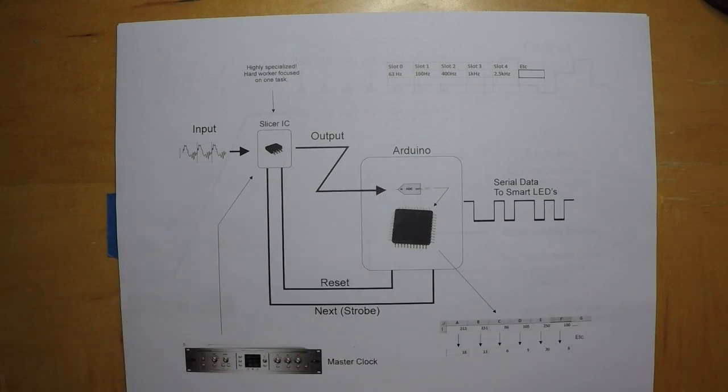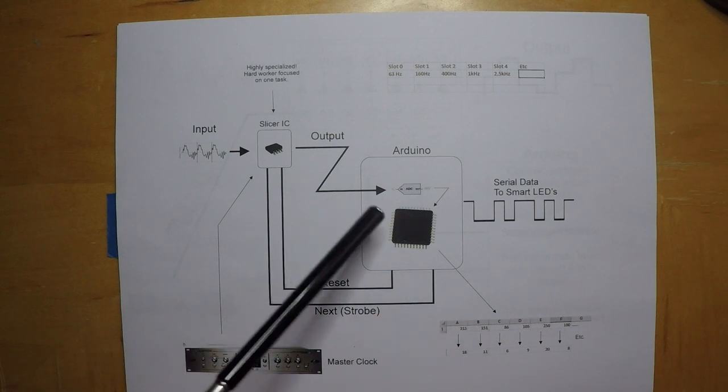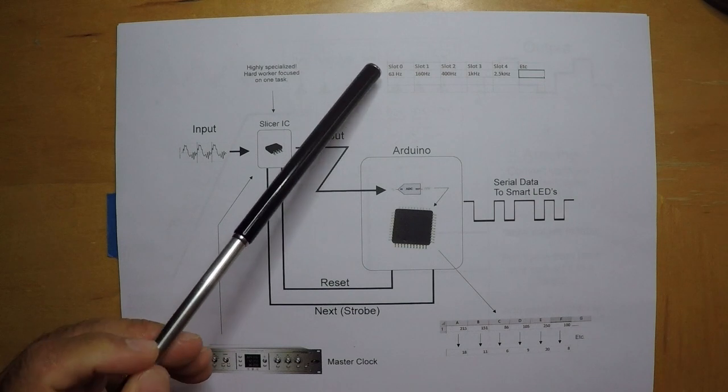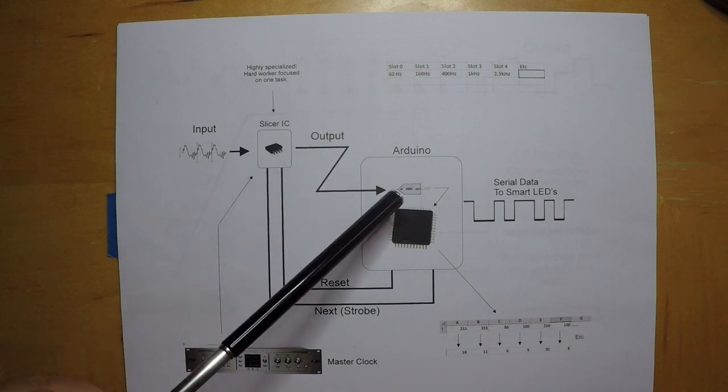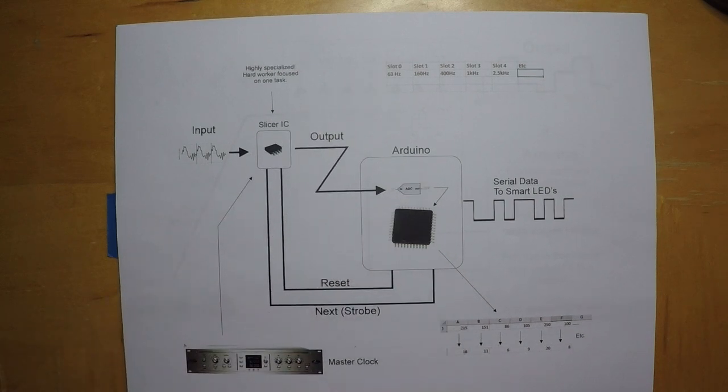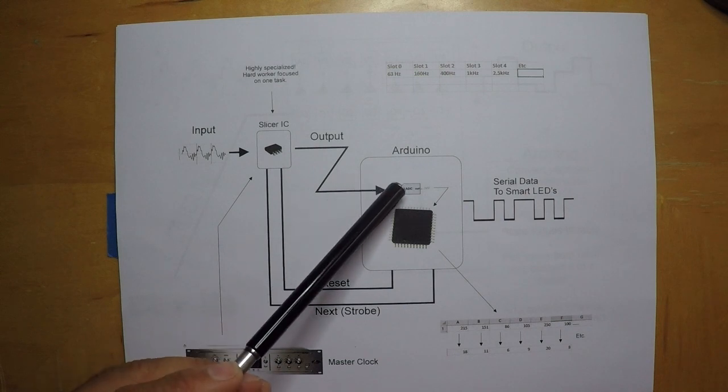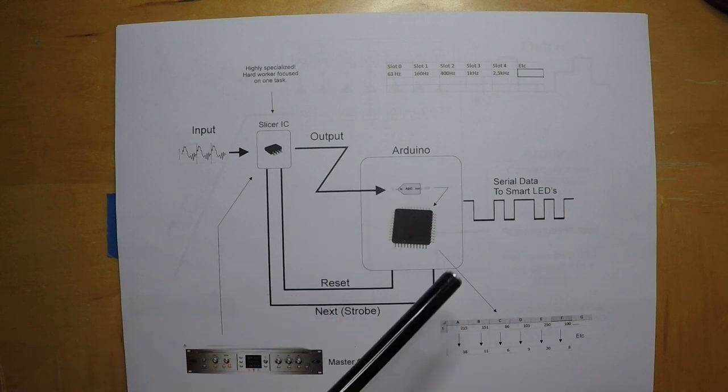Also, the Arduino has some pretty nifty built-in functions, like converting these analog voltages to binary. You can convert a voltage to a binary number with a simple read command, and it'll read this pin on the ADC and give you back a binary number.